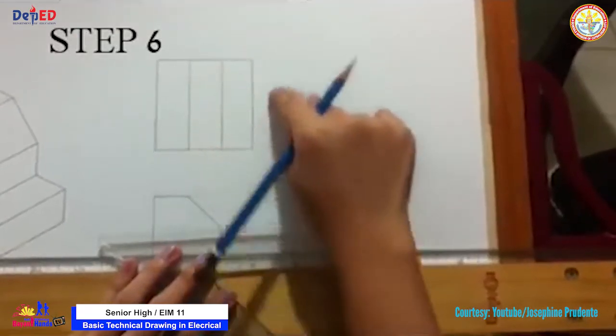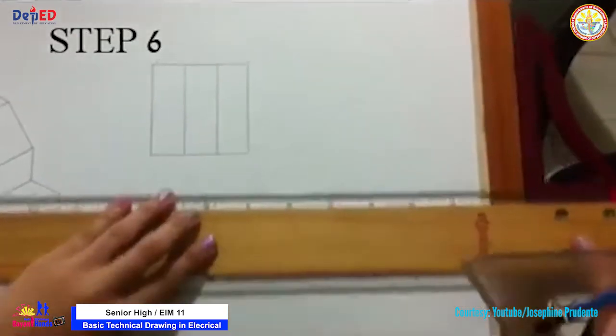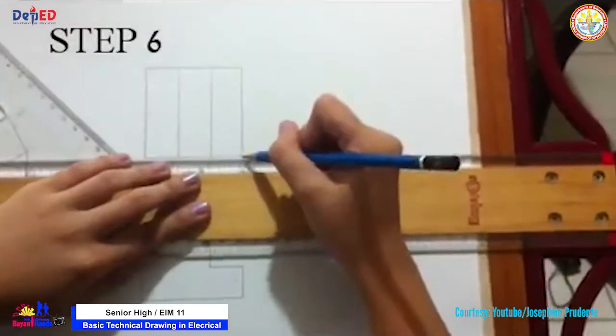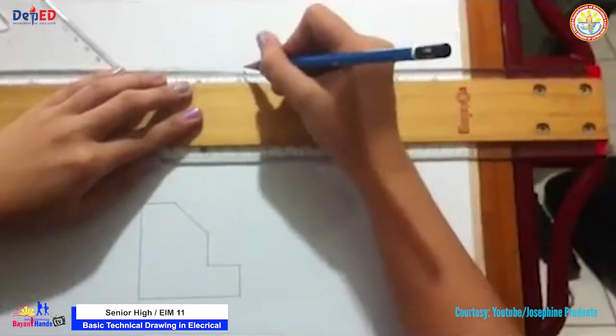From the top view, draw projectors over the 45-degree line and down in order to create the boundaries of the right side view.